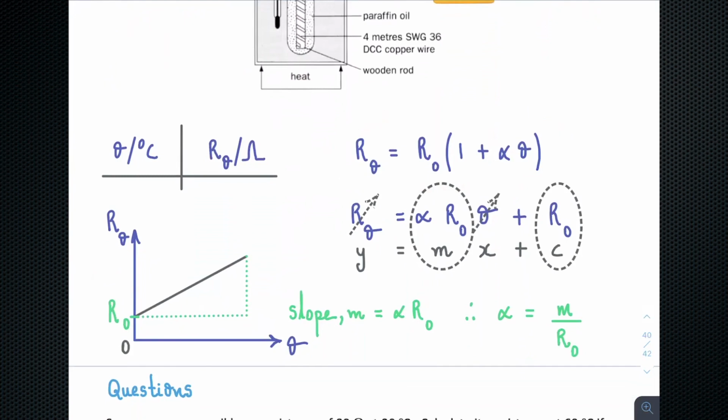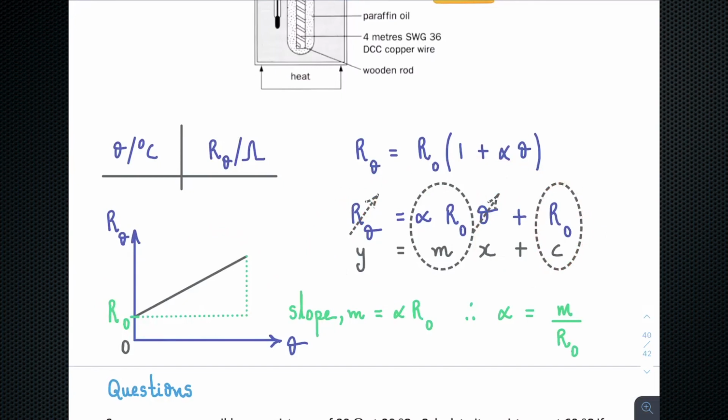Rearranging a bit the equation by opening the brackets, we end up with this, which clearly shows that if we had to plot a graph of R theta, meaning the resistance at each temperature theta, against temperature theta, so R theta on the y-axis against theta on the x-axis, then we should end up with a straight line graph with a y-intercept which is equivalent to R naught.